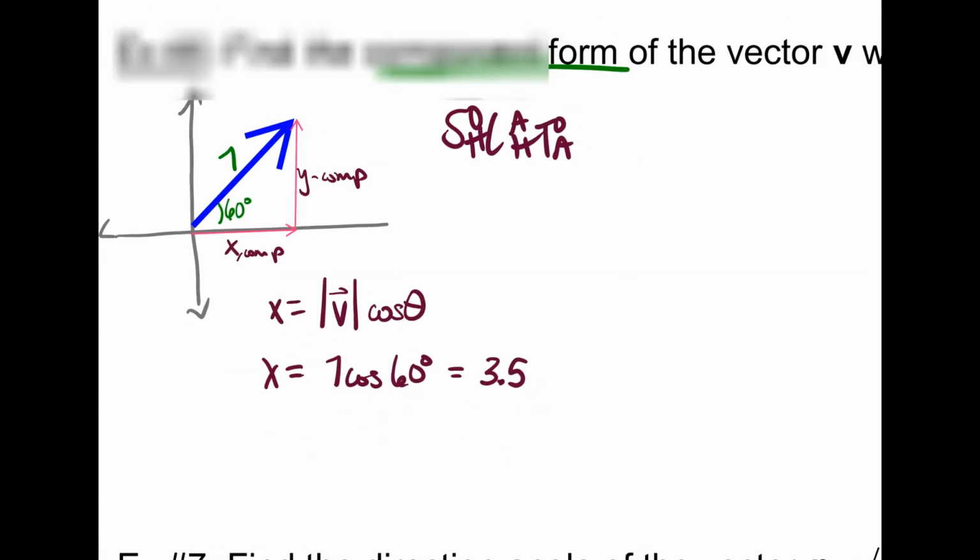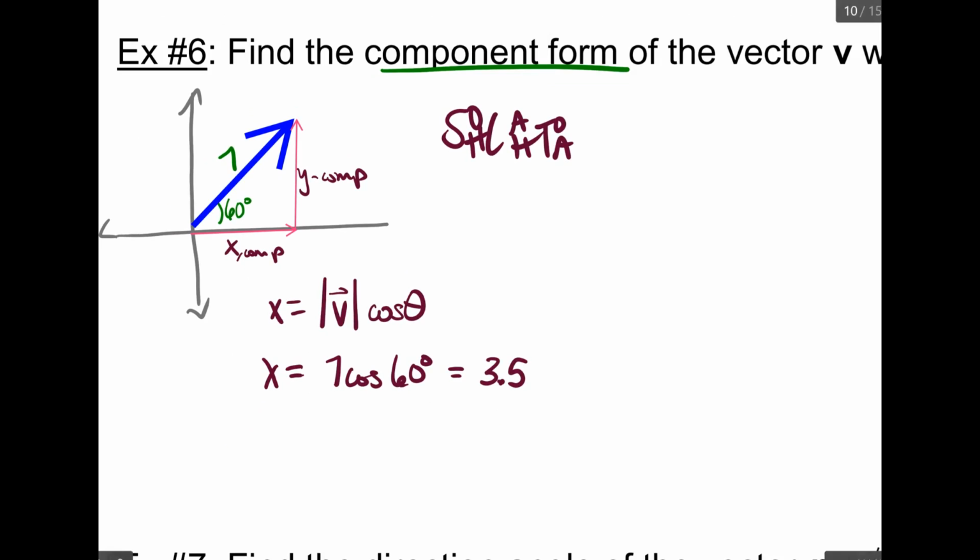Let's say you don't remember what it is for y. I know y is the opposite side. So I could say sine of 60 degrees is equal to the y component over the absolute magnitude. Here my vector is v, so that's what I put in. Then y is the absolute magnitude of my vector times sine of theta.